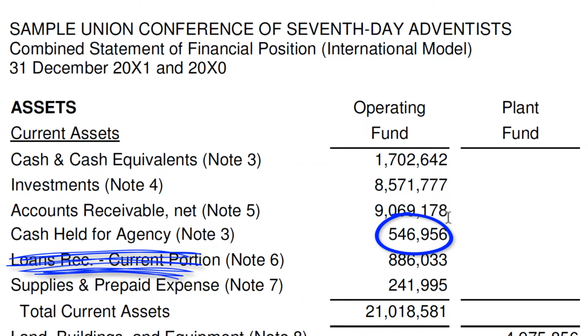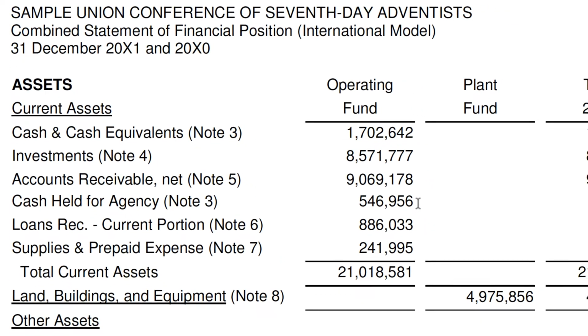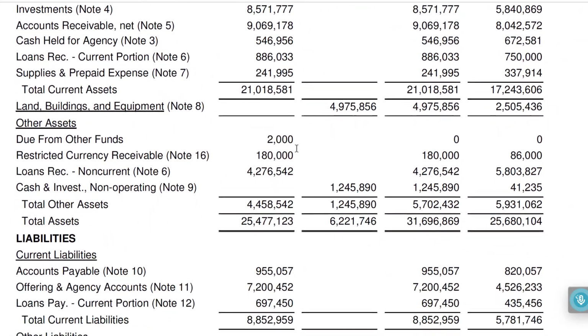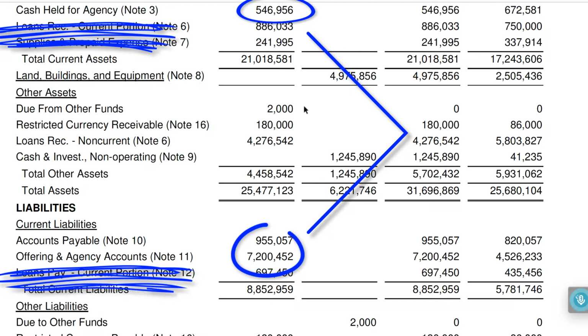Look at cash held in agency. That way, we don't get the wrong impression that we have more cash than we actually have. Now, I will tell you that this illustration in the accounting manual is a little bit off. If it were done correctly, the cash held in agency would be equal to the agency liability.